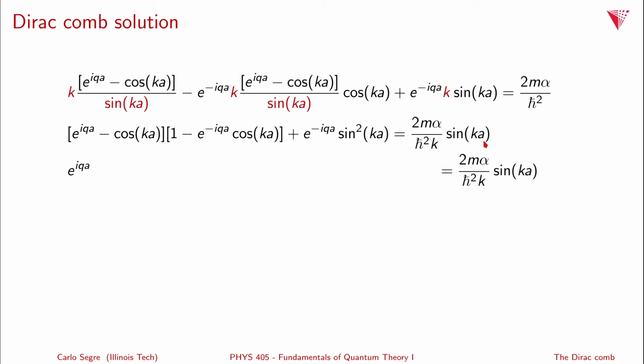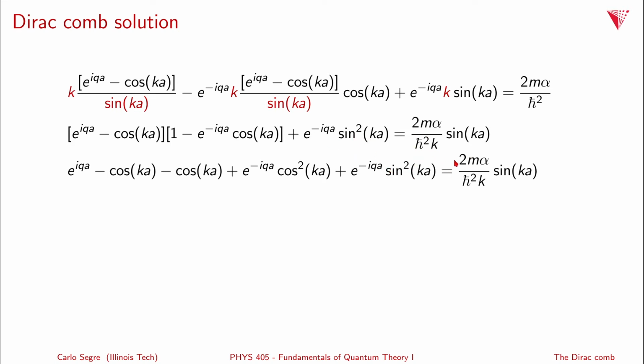Well, we can expand these terms here. We get e to the iqa for the first term. Then we get minus cosine ka for the second term. Then we have minus cosine ka because these two exponentials cancel. The product is 1. And then we have this term here, which is plus e to the minus iqa cosine squared of ka. We then have this term, which is e to the minus iqa sine squared of ka.